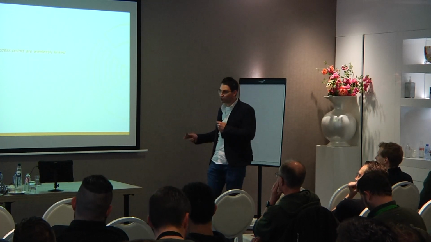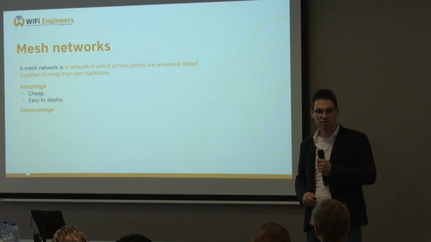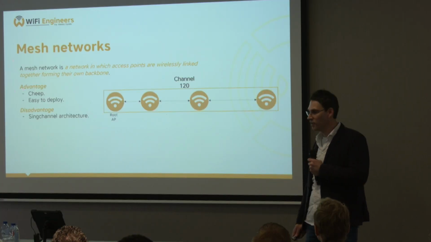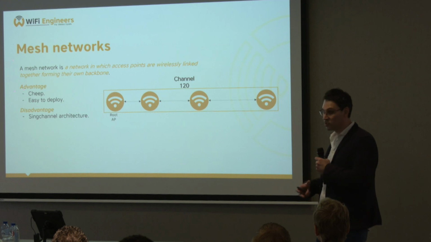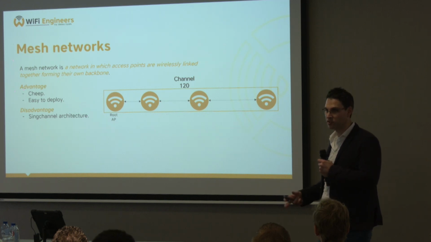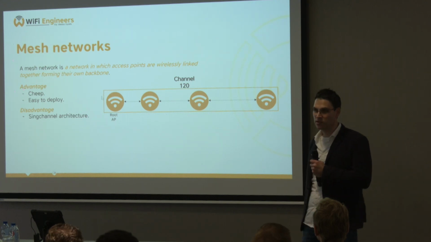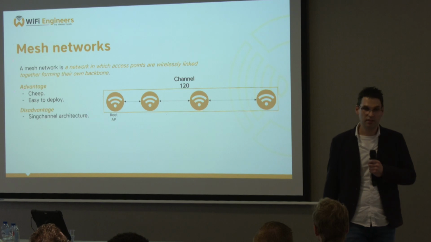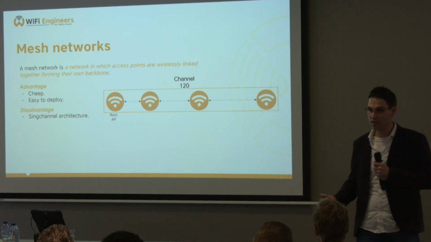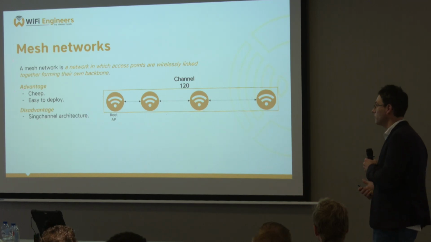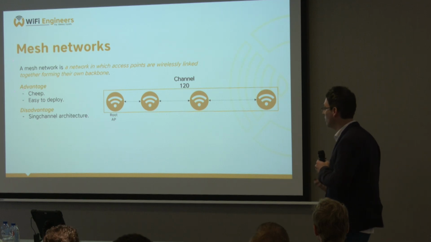But there are also some disadvantages to using this technique, and one of them is a single channel architecture. This means all these APs are sharing the same channel, so co-channel interference is something that will affect your network.